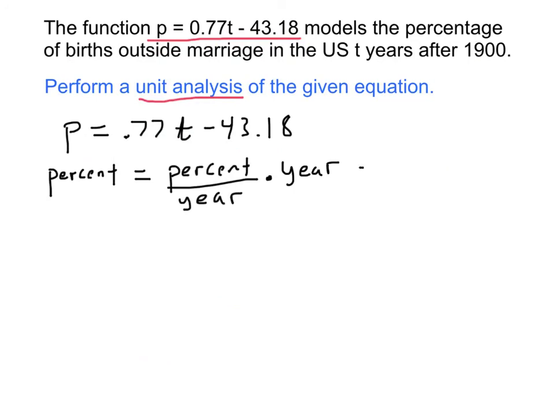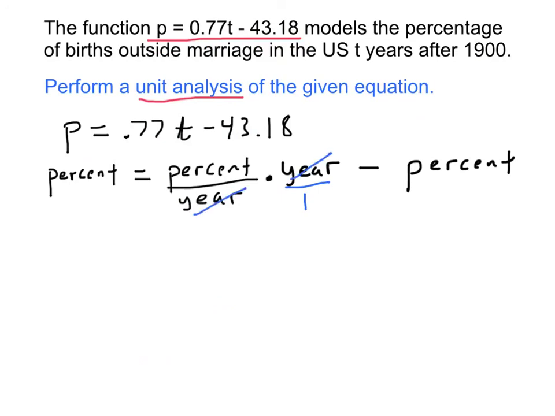And then we subtract at the end this number, and that's going to be also a percentage. So we'd write percent. Now the key thing to notice here is that in this multiplication problem, what you have is this year is really a year over 1. So this 1 year is in the numerator and the other one's in the denominator, so they cancel.